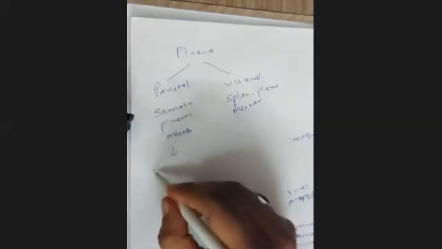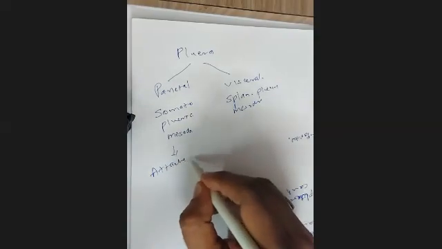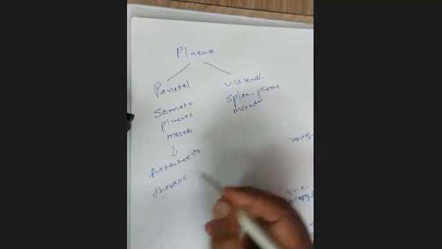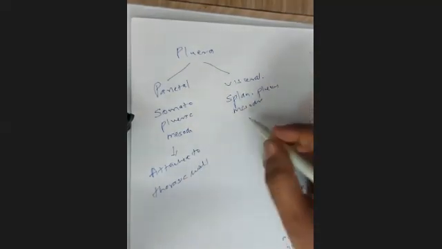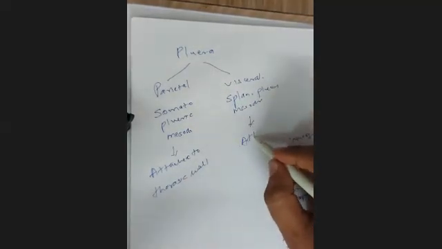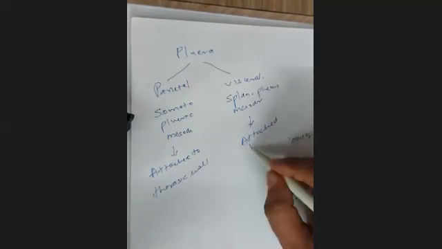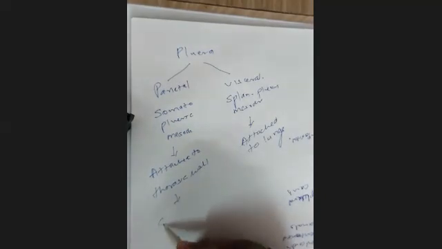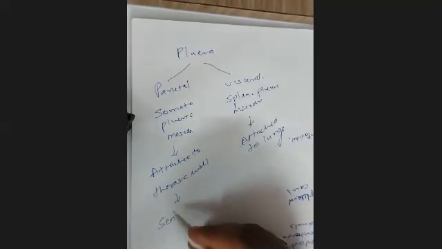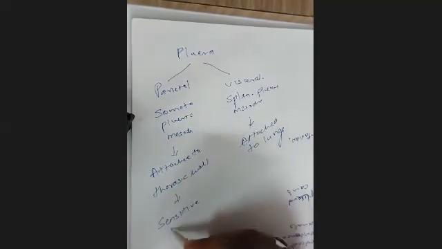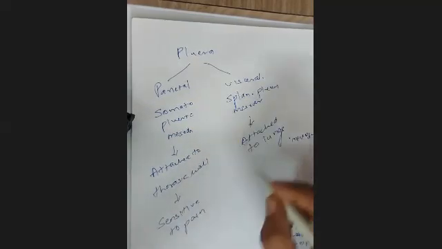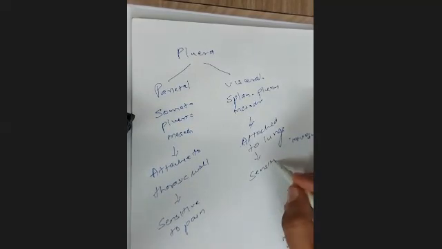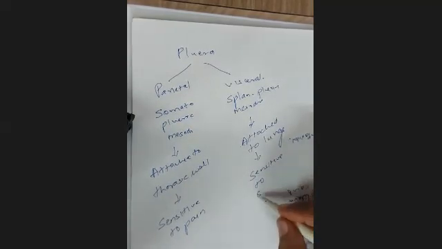Parietal pleura is attached to the thoracic wall from inside, while visceral pleura is attached to the lungs. Parietal pleura is sensitive to pain, while visceral pleura is sensitive to stretching.